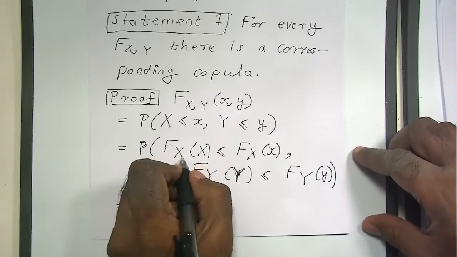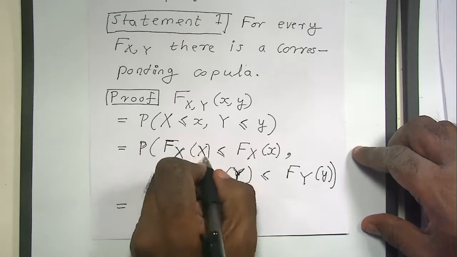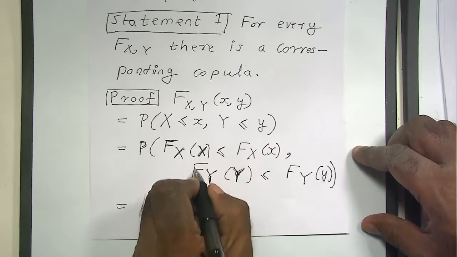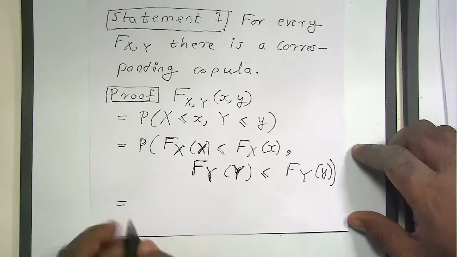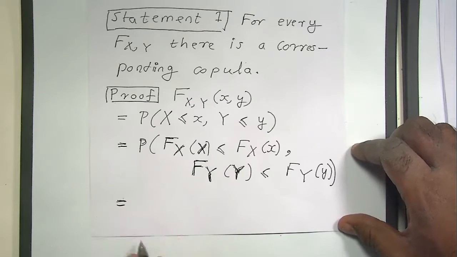Haven't you seen this before? When you take the CDF of a random variable, what does it give you, guys?